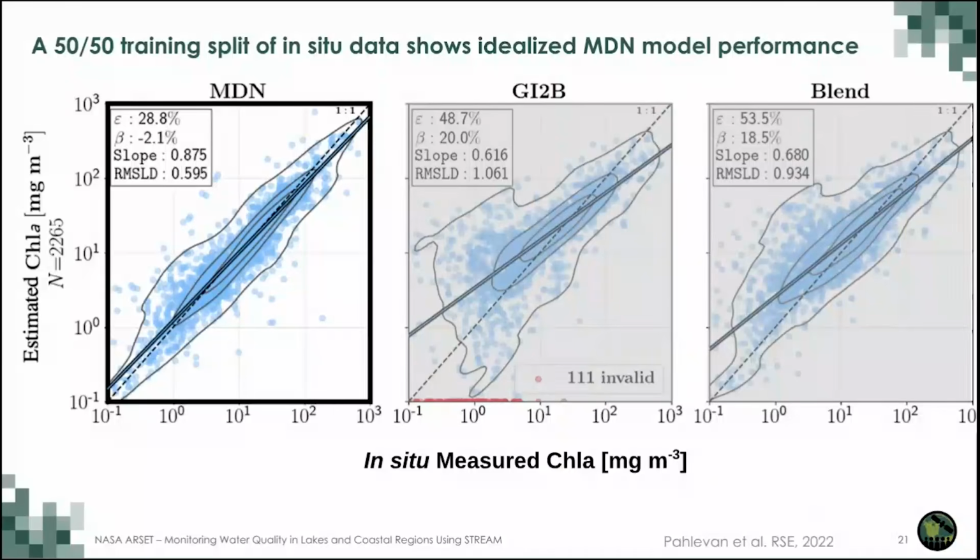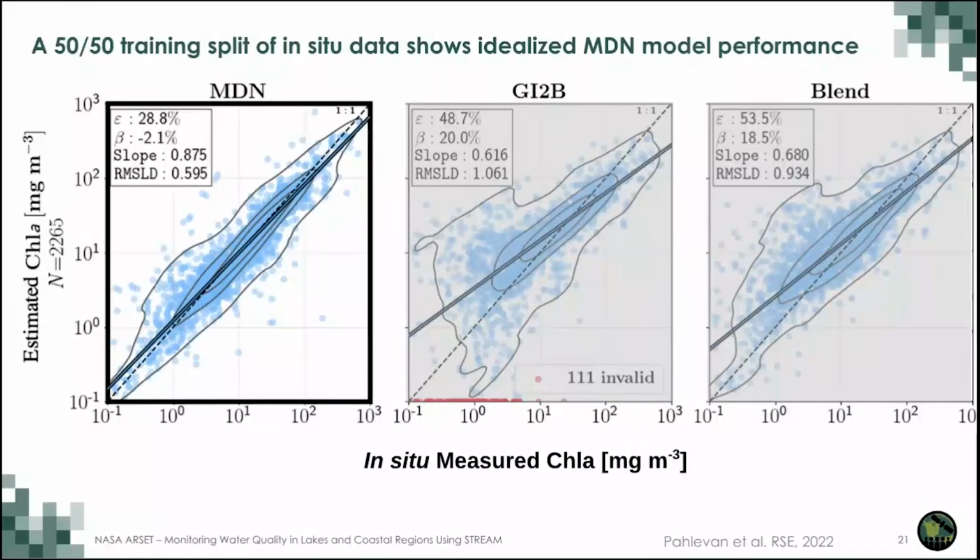So on the y-axis, we have the estimated chlorophyll A concentration from our algorithm applied to in situ remote sensing reflectance data that's been resampled with the sensor spectral response function, in this case, MSI. And we compare that to estimates from standard operational algorithms like the Gilerson two-band algorithm or the blend algorithm.